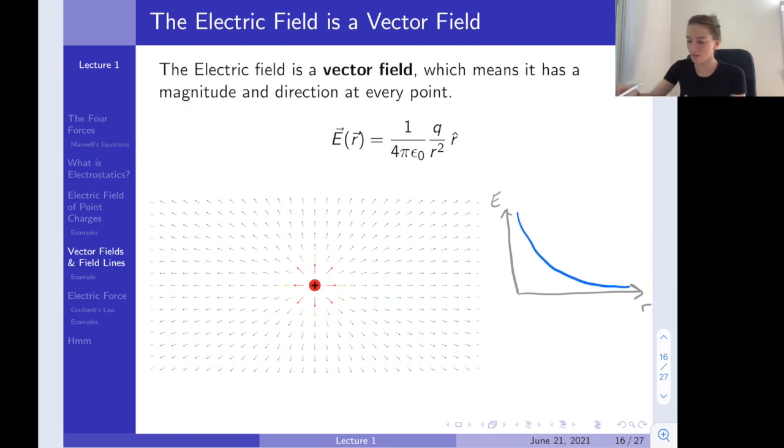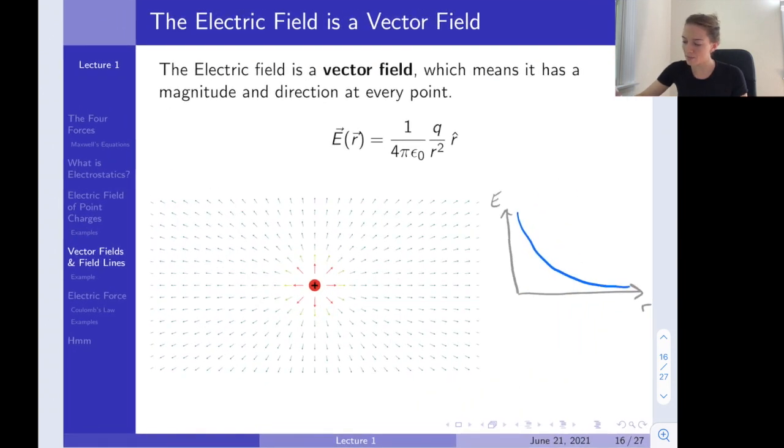And that's because of this r squared. So very, very close to the point charge, it gets almost infinite. That's a problem we might talk about later. But your electric field is huge right near your point charge, and then it falls off very, very rapidly and goes to 0 the further you get away.